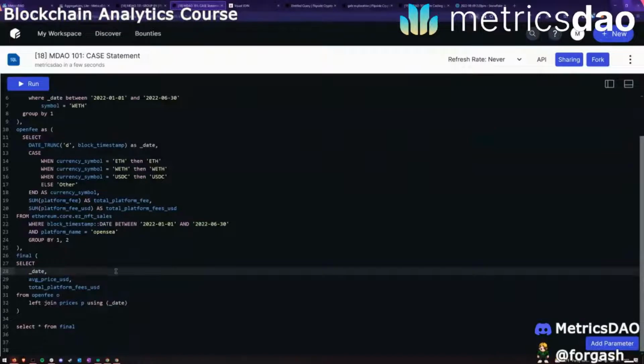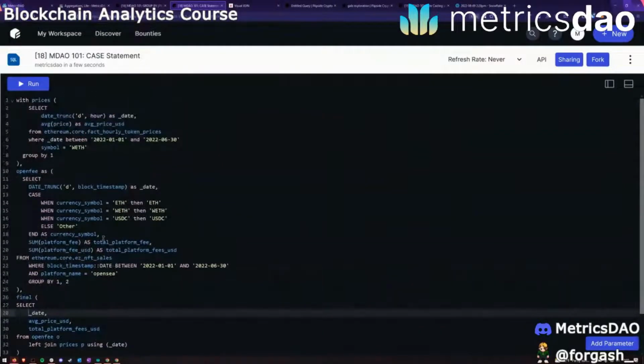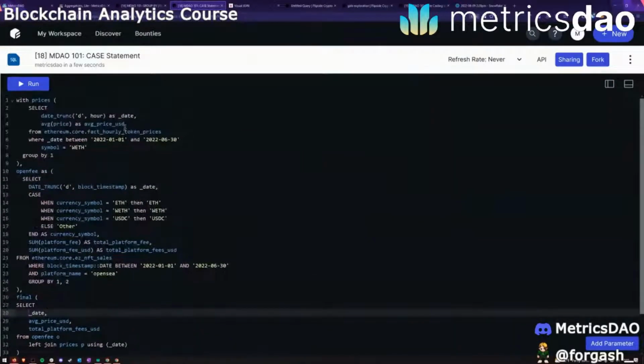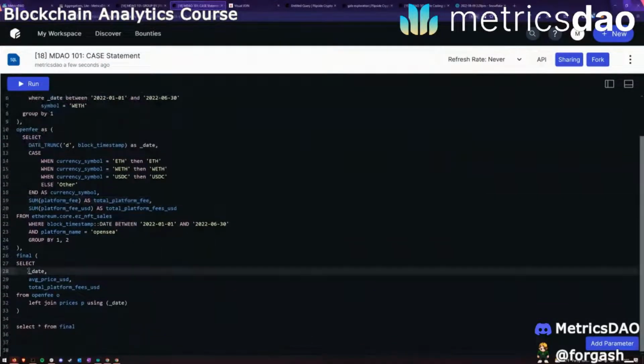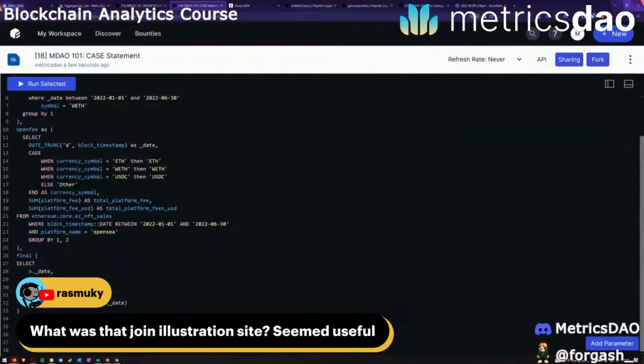And then one final thing that we are going to need to do is be explicit. SQL doesn't know what you mean. Even when you're joining on something and there's 2 date columns in here. Let's say we also had a price table in here. It's always good practice and in most cases essential practice to just explicitly declare what you're taking it from. So this o.date is basically saying take the date from OpenFee. We aliased OpenFee as the letter O here.